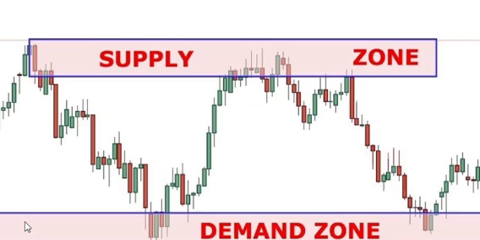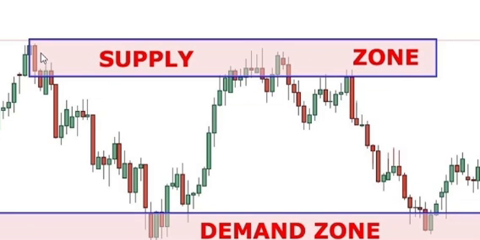What it means is that consumers were interested in the price of that particular commodity at that period of time. So they were buying it until the price went to a certain level, and then they failed to buy again. Because of that, the supply increases and the price of that commodity falls back. So that is the psychology behind this pattern.